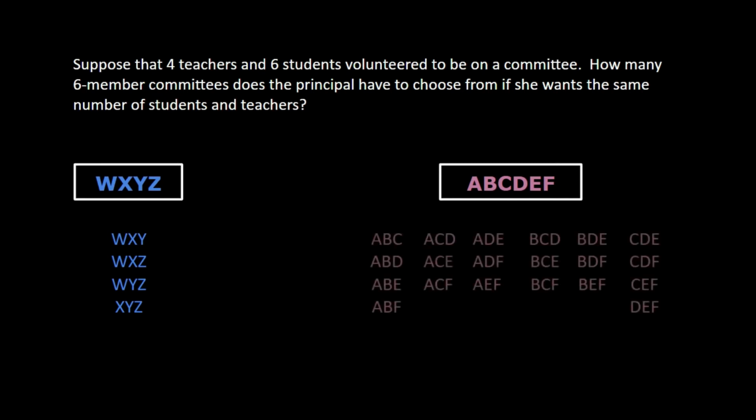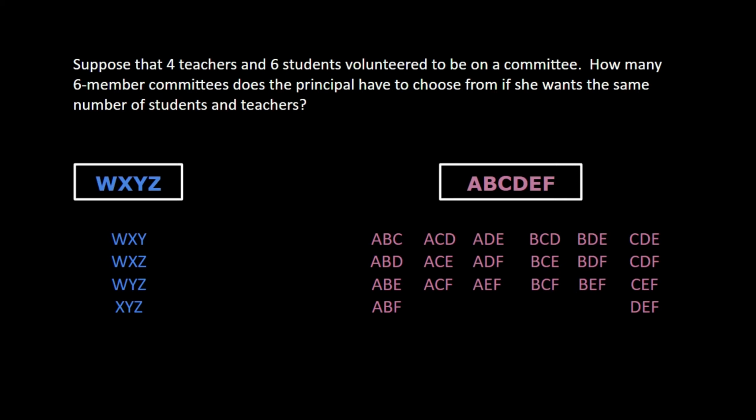And the same with the 6 students. If we systematically list off 3 letters where order is not relevant, we only get 20 different possibilities there. And of course, that's a lot more than the 4 teachers because we have more students to pick from than we do teachers.